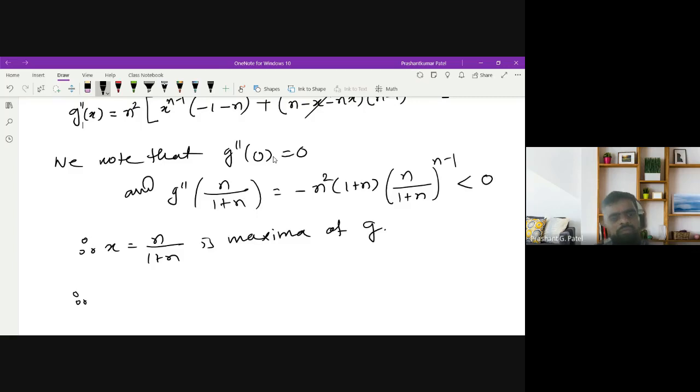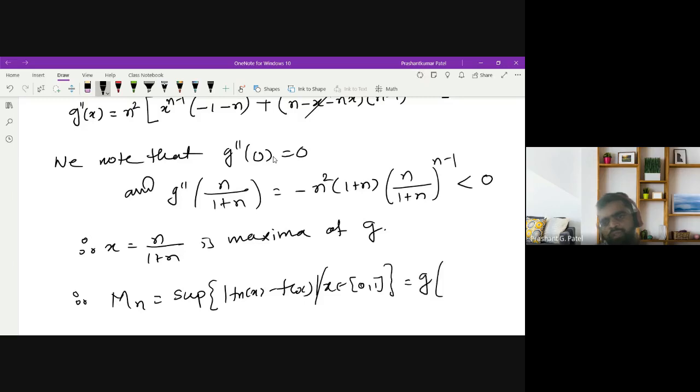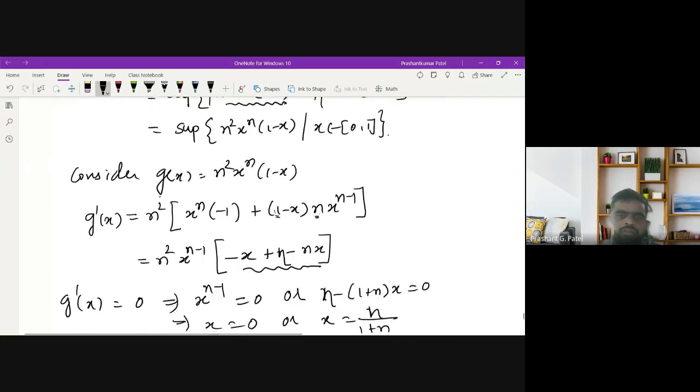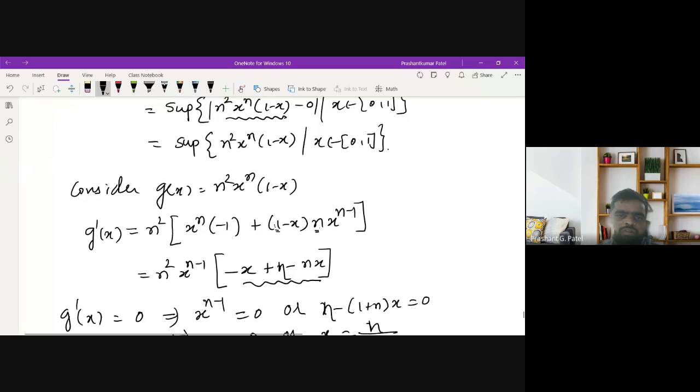Therefore Mn is equal to supremum of mod of fn of x minus f of x, as x belongs to closed interval [0, 1], will be g of n upon 1 plus n. Now what is the function g that we have defined? This n square into x power n into (1 minus x).